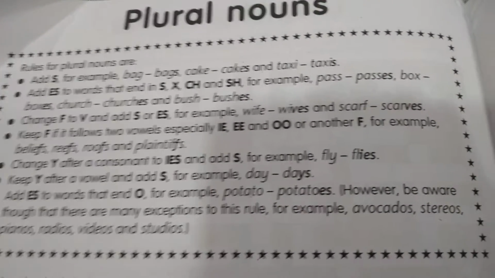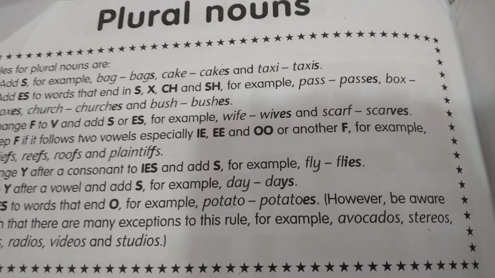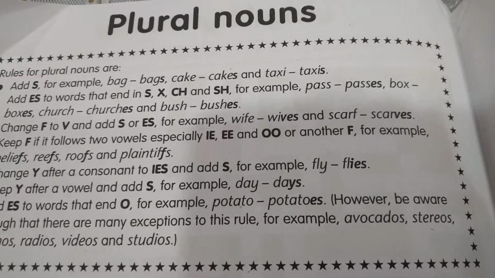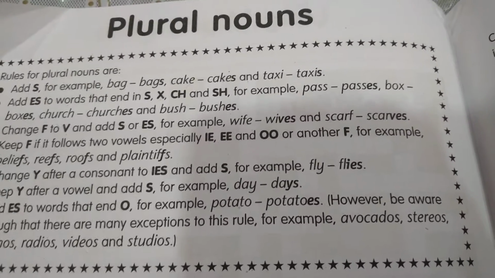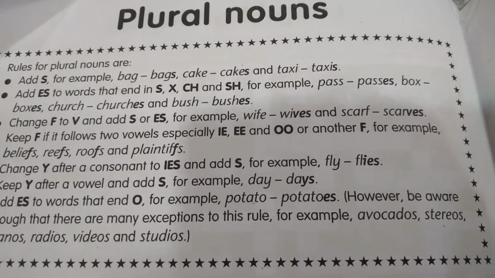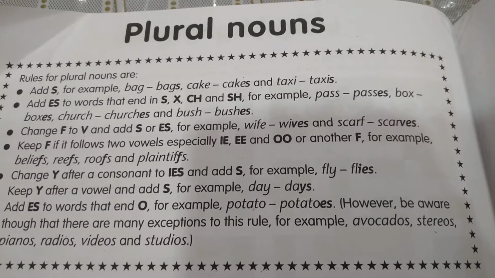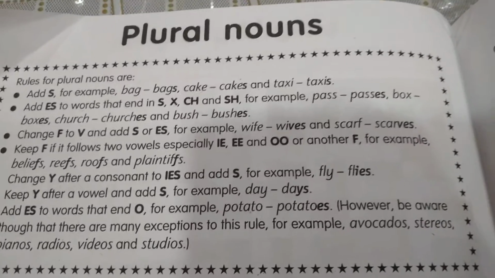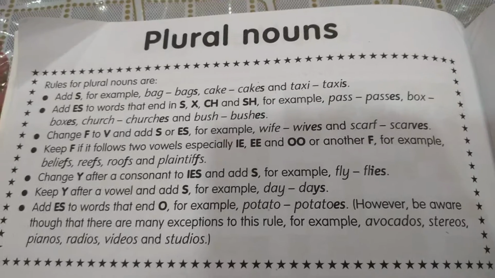Yes, keep f if it follows two vowels, especially ie, double e and double o, or another f. For example, beliefs, reefs, roofs, and plaintiffs. It means that in case the noun ends with a double vowel, that is ie or double e or double o, we will not change the f of the singular for making it plural.